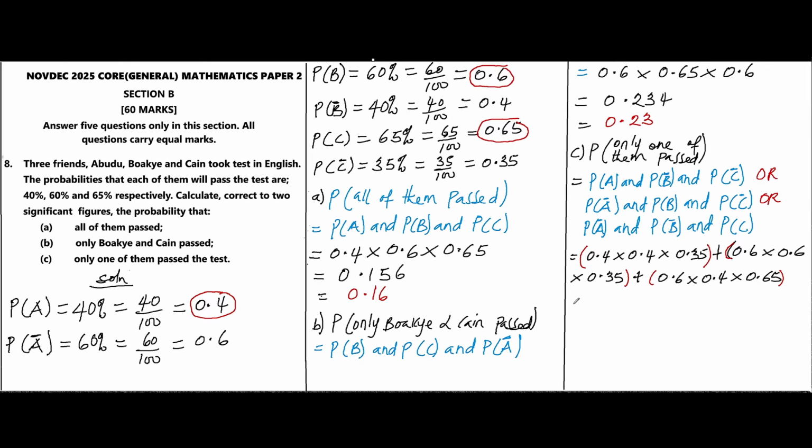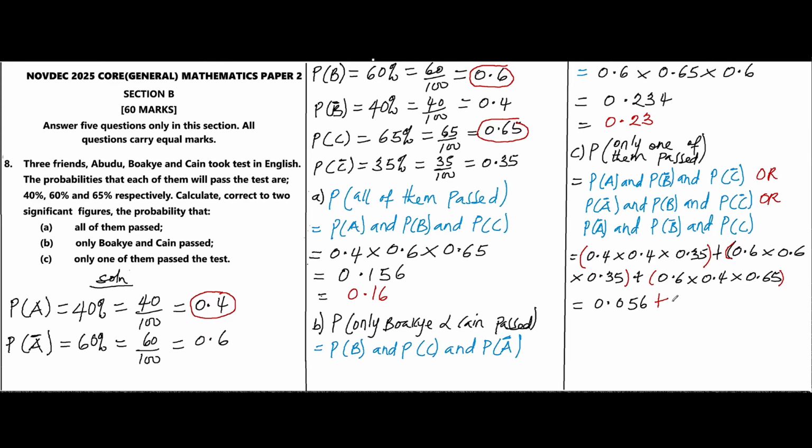We have 0.056, plus the second bracket, 0.6 multiplying 0.6 multiplying 0.35.